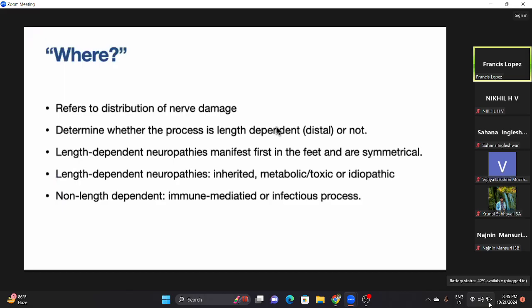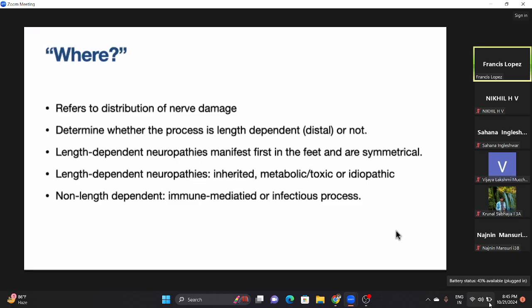So the leg is affected first before the thighs. Okay, so length-dependent neuropathies manifest first in the feet and are symmetrical. So if this is a length-dependent neuropathy, this can either be an inherited cause, metabolic, toxic, or idiopathic.